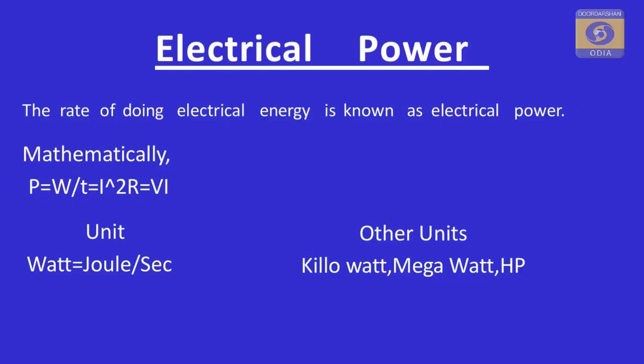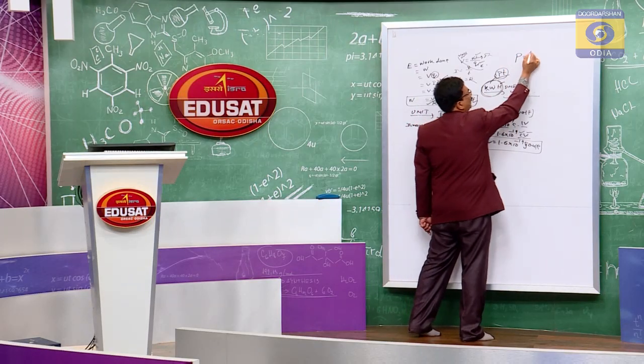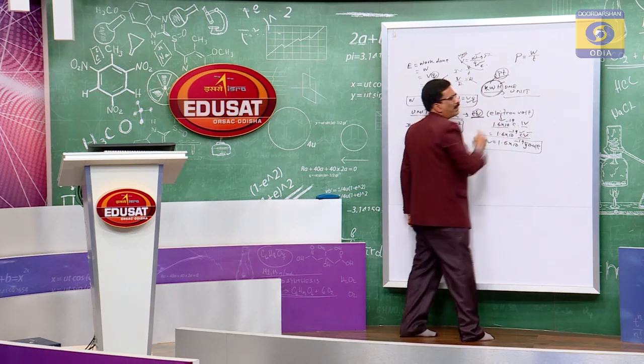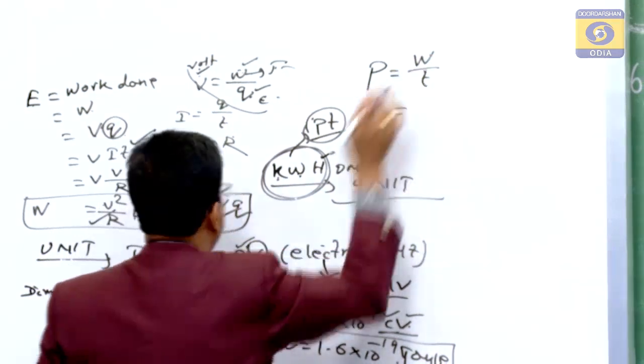Next we will go for electrical power. Electrical power we generally denote as P. So P is equal to W by T, the fundamental formula.